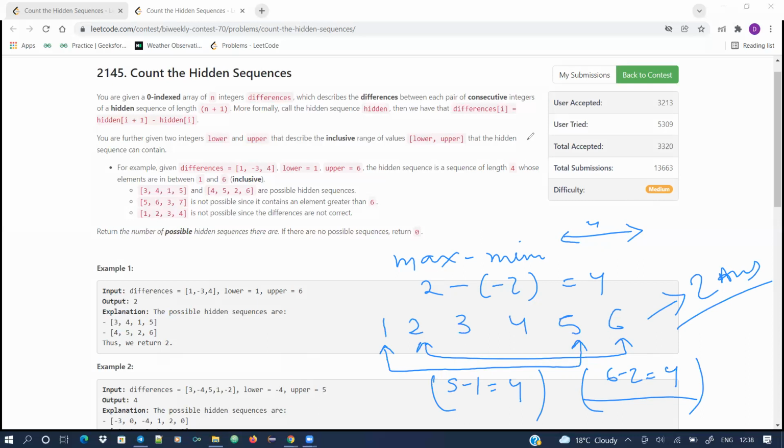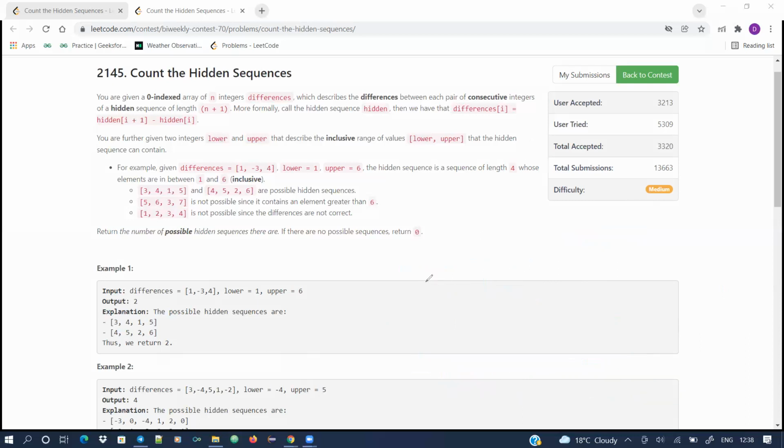So how are we getting this? Can we derive any formula by observing? If you see, then we are getting number of elements minus difference, which is giving us the number of pairs which are possible.